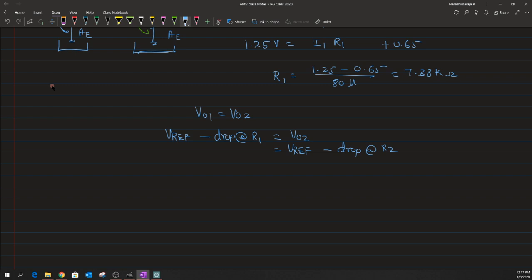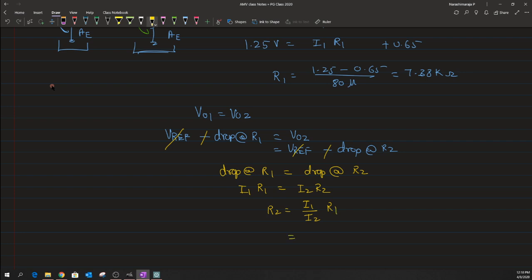Yeah. So in both the cases, we have this V reference. One could cancel those V references, and even the negative signs could be cancelled. So we end up having the drop across R1 exactly equal to the drop across R2. Now those drops are nothing but the current flows, right? So one could write I1 times R1 to be exactly equal to I2 times R2, and in a way I could write R2 as I1 divided by I2 into R1.